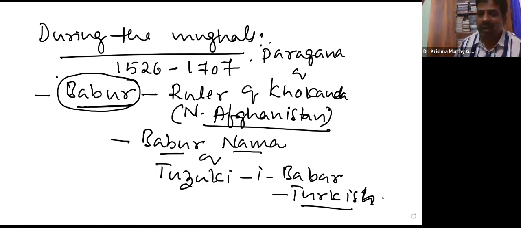Ruler of Kokanda or Pargana, North Afghanistan region, he was the author of the Babarnama or Tuzuk-i-Babari. It was written in the Turkish language. The text revealed various interesting aspects of Babur.